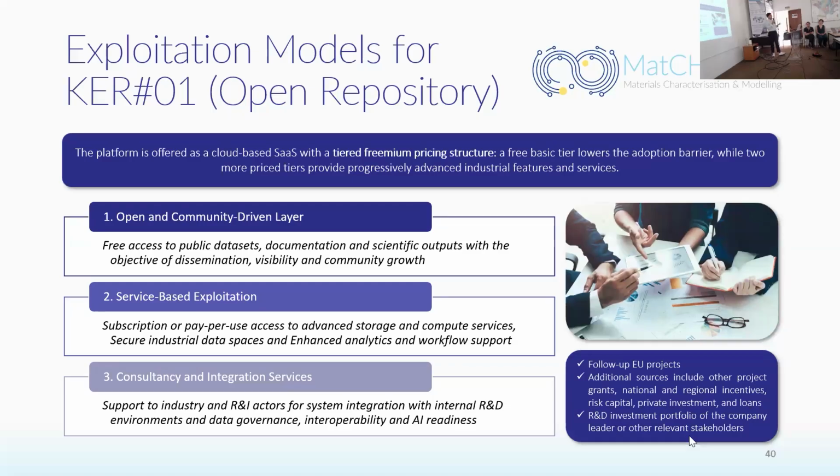Since in the first year there will mainly be implementation and, of course, dissemination of the freemium open repository, there will be the need to cover the cost. So an idea will be to integrate the MatCHMaker open repository in other European projects, which we will discuss later during the day, but also to identify, for example, some national or local, regional incentives that could be useful for this sort of commercial exploitation.